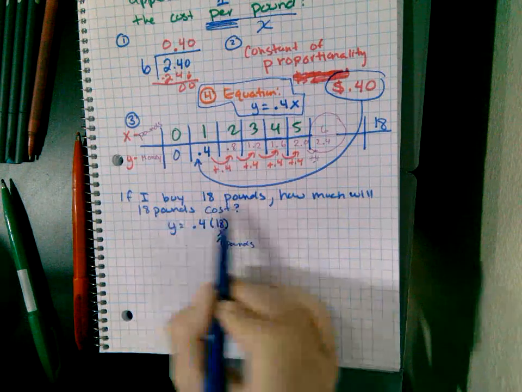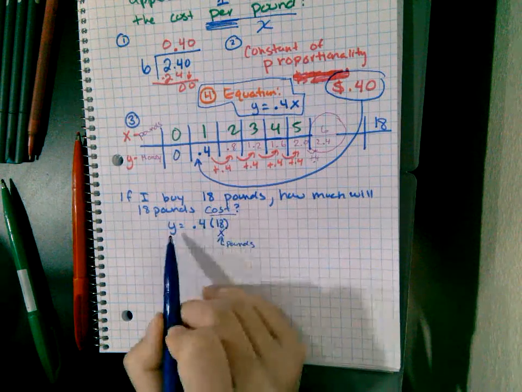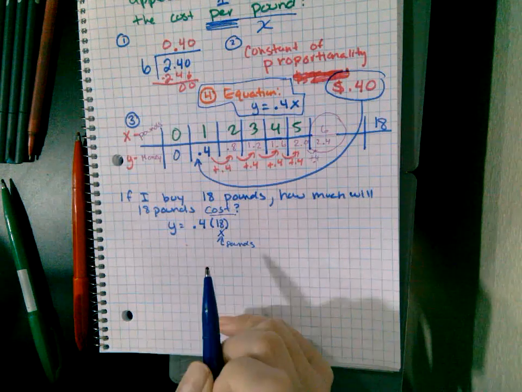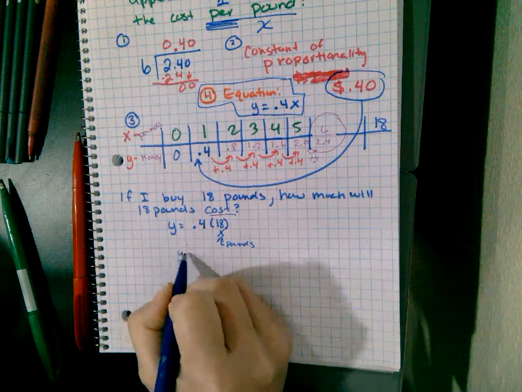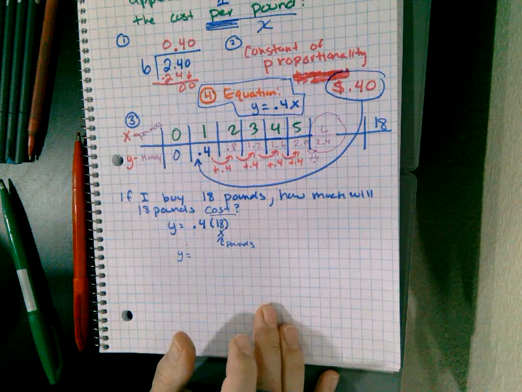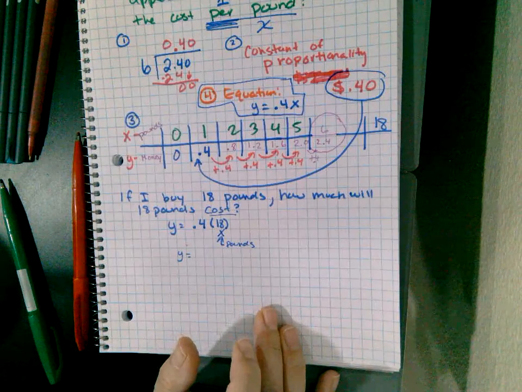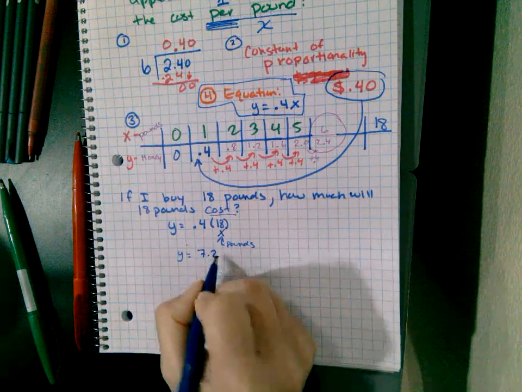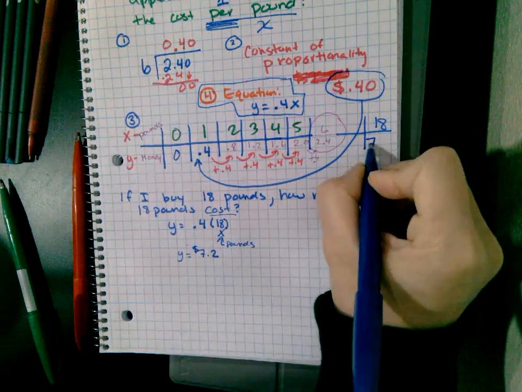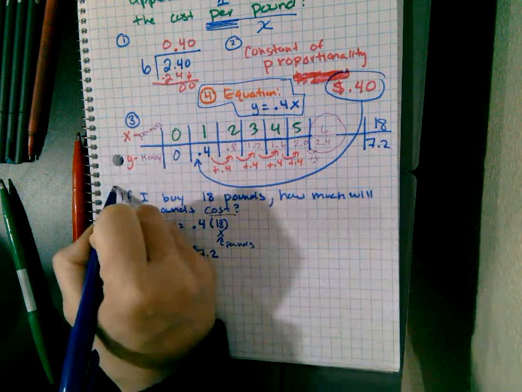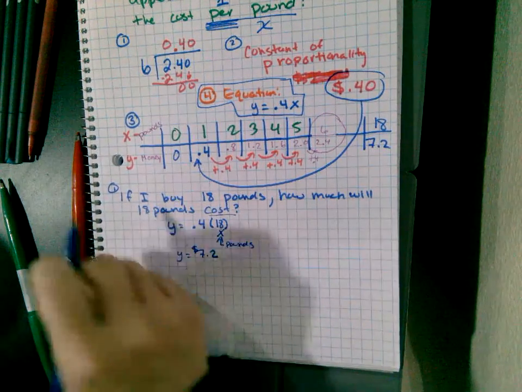I'm looking for my cost, my money, that's y, so I'm solving for y. So 0.4 times 18, what is y equal to? Yep, $7.2. $7.2, right? That could be question number 1. Question number 2.